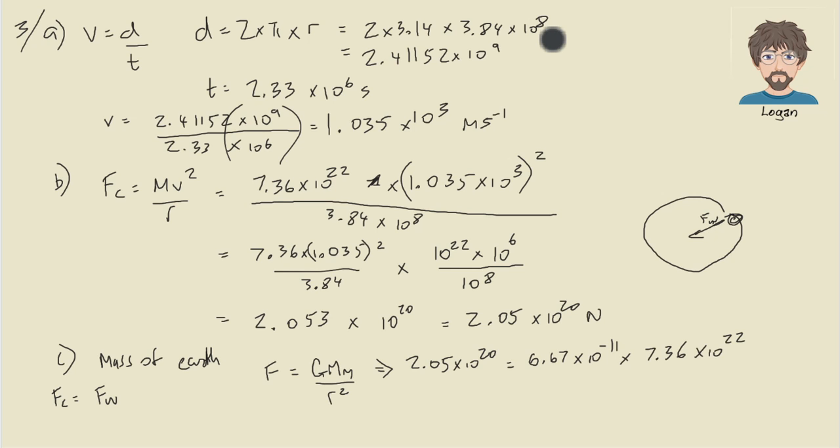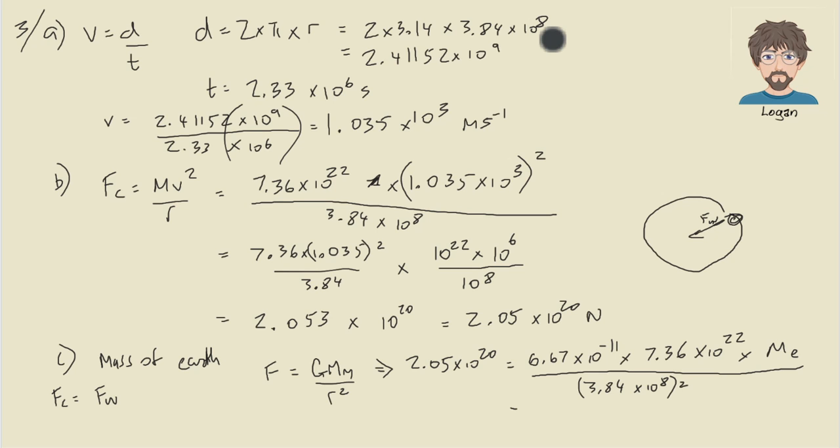We don't know the mass of the Earth. Let's just call it M, or might as well call it ME. And we know the radius between the two because we got given it, the radius of the Moon's orbit. There it is: 3.84 times 10 to the 8, squared.